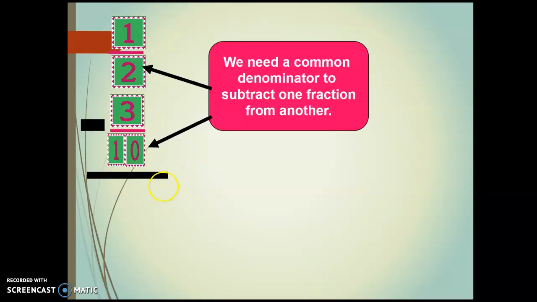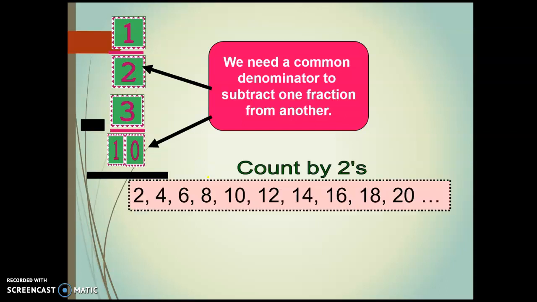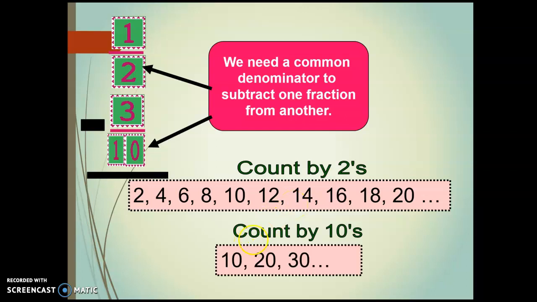Next example, 1/2 minus 3/10. Same method. Count by 2s: 2, 4, 6, 8, 10 until 20 and so on. Count by 10s: 10, 20, 30. So obviously our common number is 20.